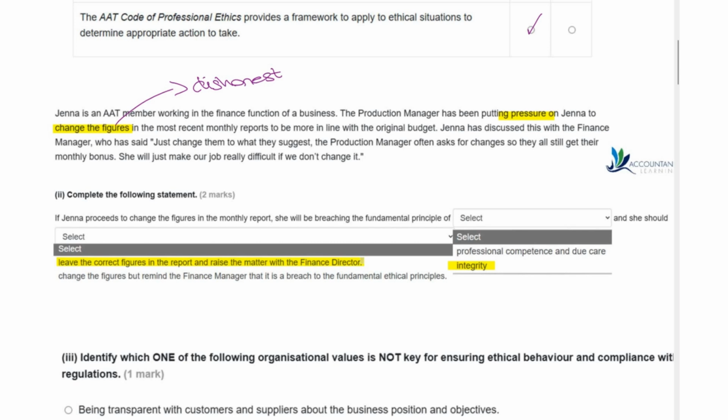So the finance manager is agreeing and just saying, well, change them, because the production manager is just going to make our job really difficult if we don't change it. So the finance manager is effectively in collusion here. So you then need to go beyond the finance manager and raise the matter with the finance director.